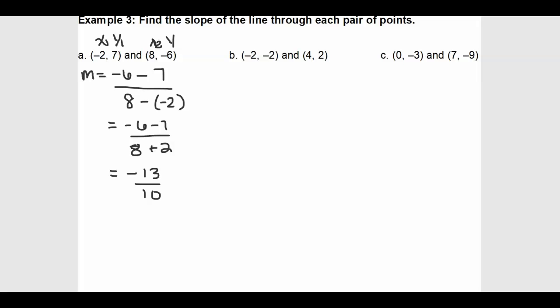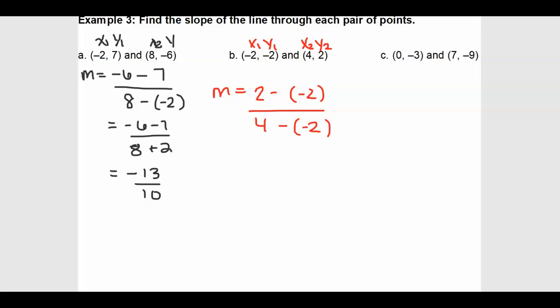In example B, we have the slope is equal to x1, y1, x2, y2. So it's y2, which is 2, minus y1, which is negative 2, over x2 minus x1.